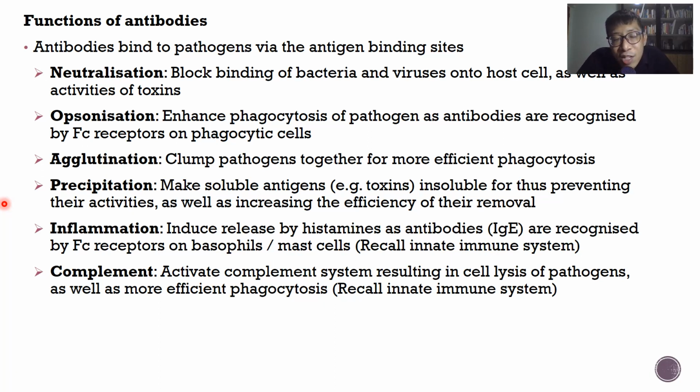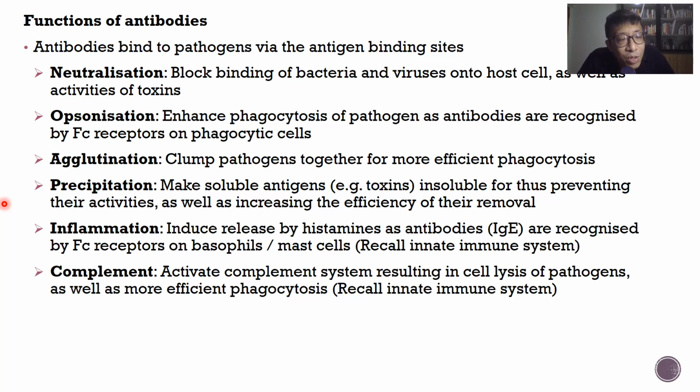Imagine, say, the influenza virus, for example, and you have an antibody that binds to the hemagglutinin. Therefore, the hemagglutinin cannot bind to our specific receptors, with sialic acid on the epithelial cells of the respiratory tract. So there's no infection if we have the successful binding of the antibodies. This is known as neutralization.